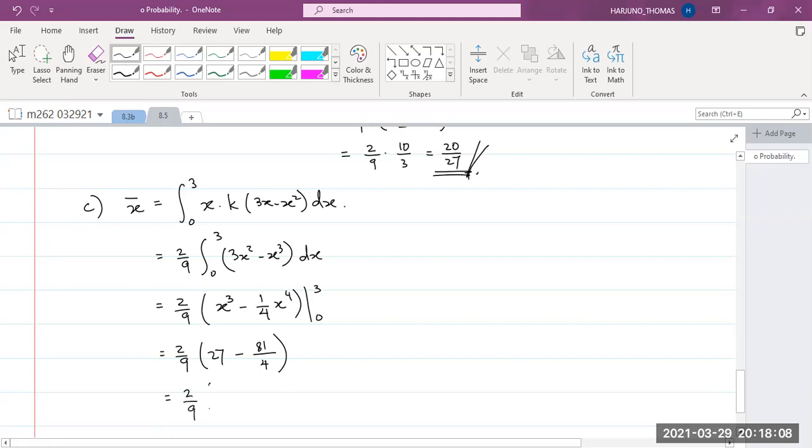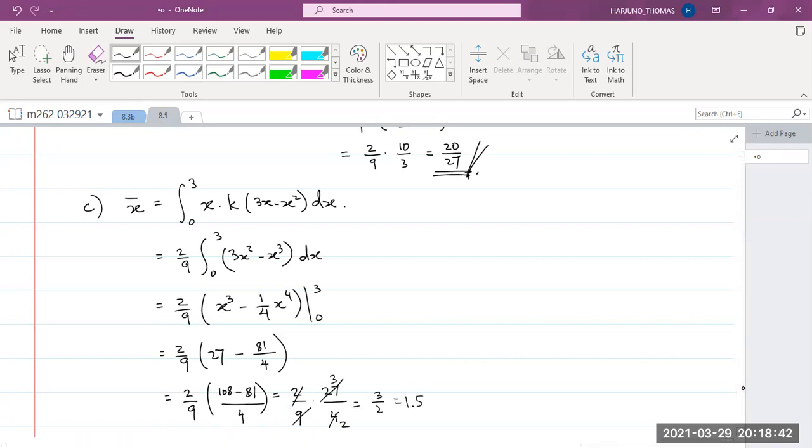So 2/9 times (108 minus 81)/4. That's 27/4. That gives 3/2. That's 1.5, which makes sense.